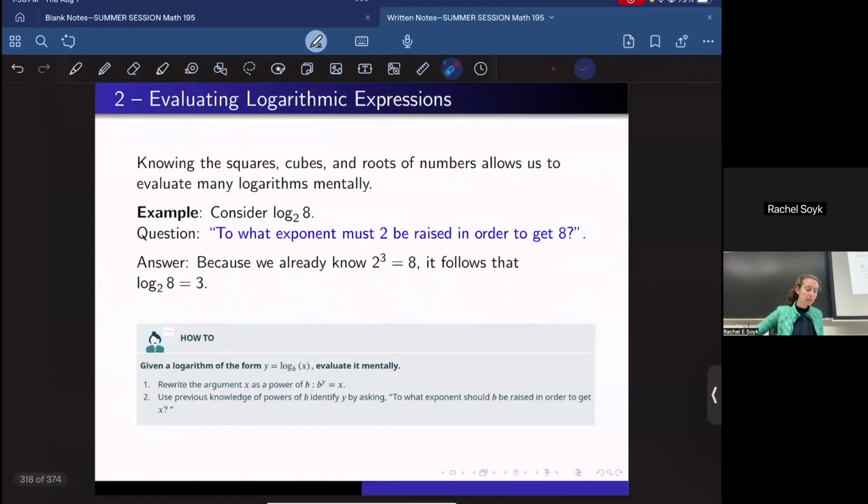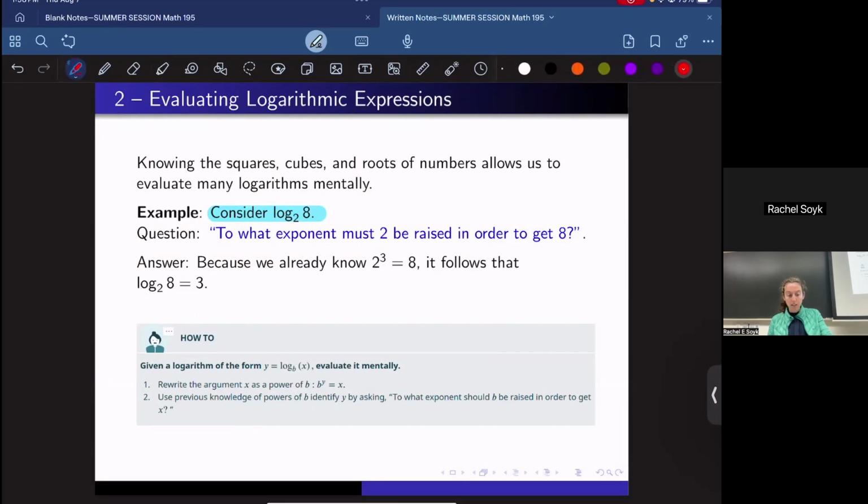Okay. Our second objective is being able to evaluate log expressions. And this is where interchanging between exponential form and log form is helpful because then you can compute those famous numbers. They start off with our straightforward log base 2 of 8.